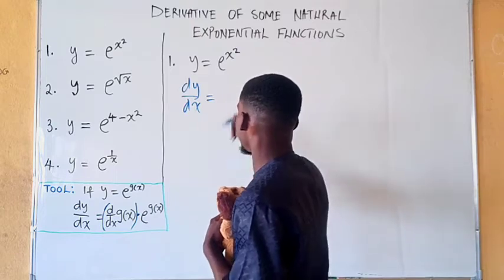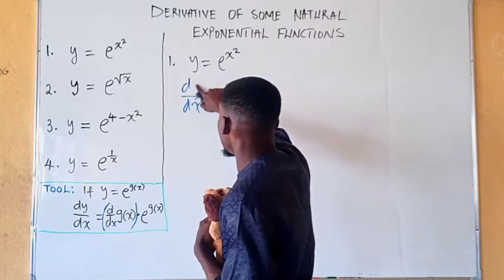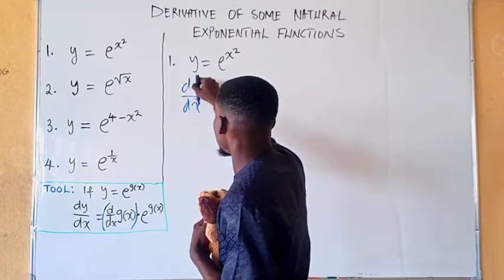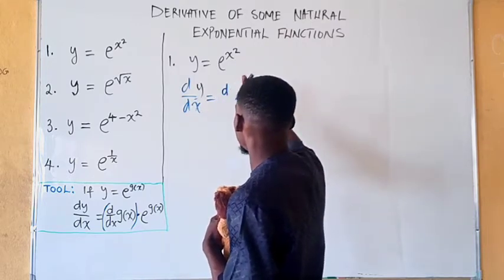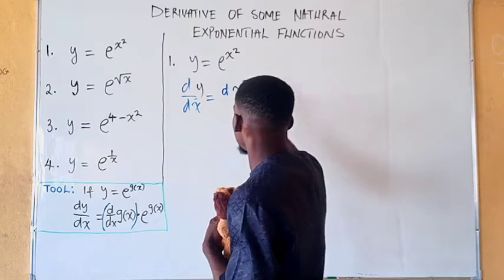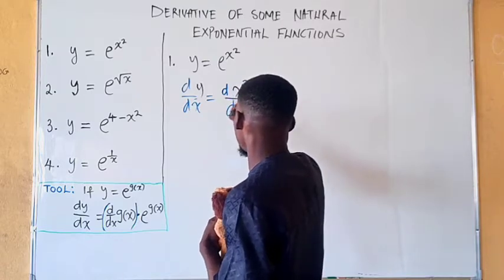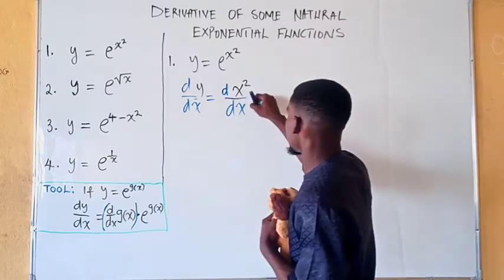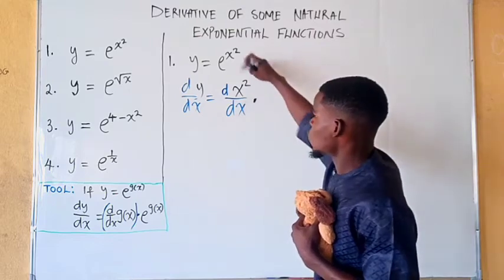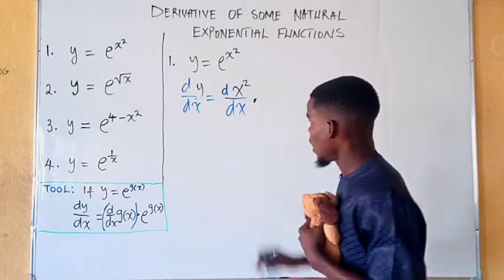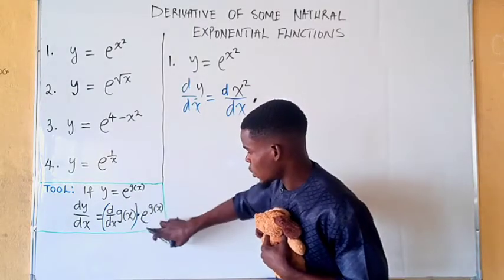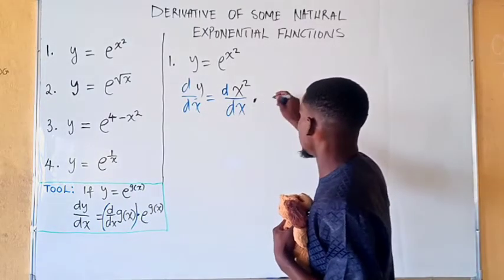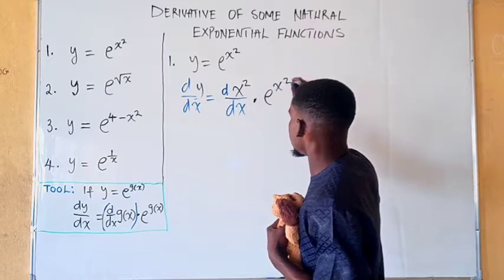So I put down the derivative with respect to x of the power, x squared, and then when I'm done differentiating, I multiply it with the whole function itself, e raised to the power x squared.